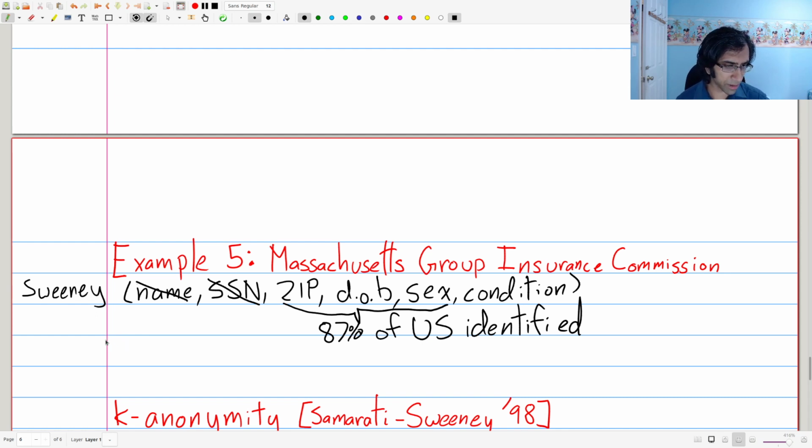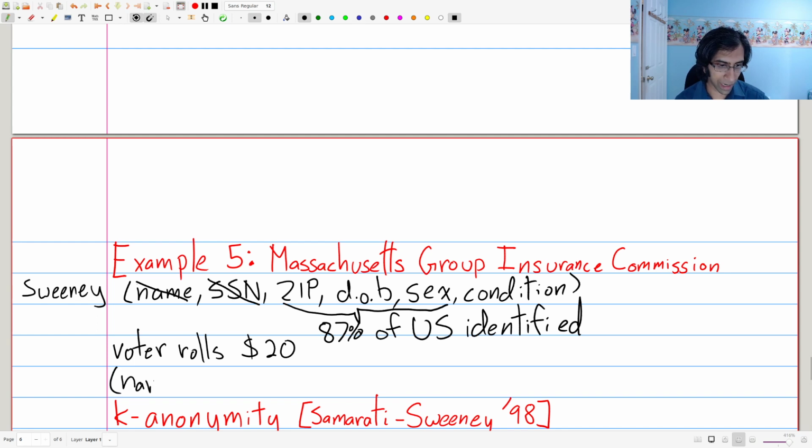For example, what Sweeney did in this case was she bought the voter rolls. This essentially contains each individual's party affiliation, as well as things like their zip code, date of birth, and sex. She was able to obtain these at the time for just $20. And she was able to cross-reference these.